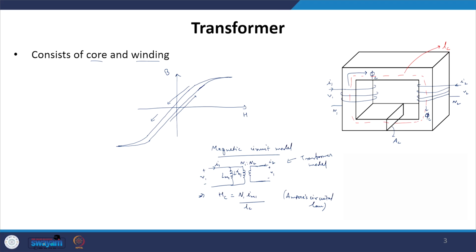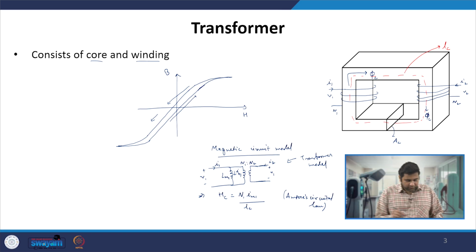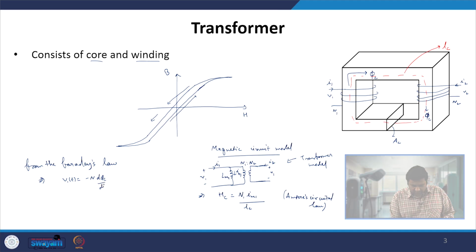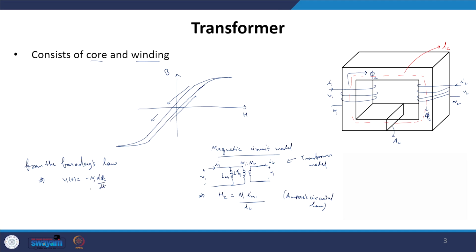Now, if you assume that some voltage is applied, then from Faraday's law of electromagnetic induction, we can write the applied voltage V1 to be equal to minus N d phi C by dt, which is, let us say here, N1 d phi by dt.